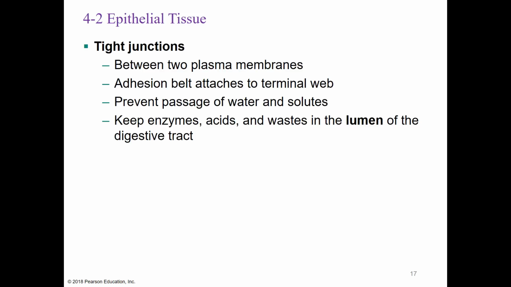So that could burn through your tissues. These tight junctions are so snug that the acid in the hollow inside of the stomach, which is called the lumen, is unable to seep in between the cells and get into deeper tissues where it could actually destroy those tissues.